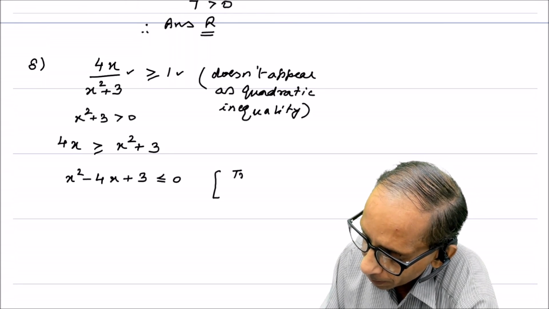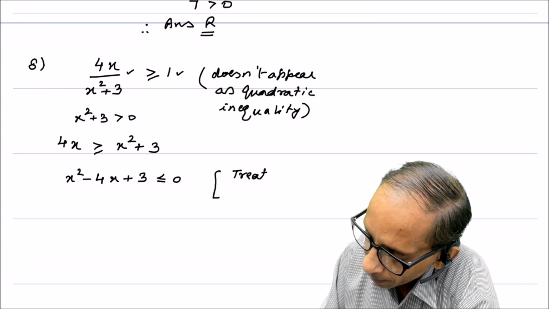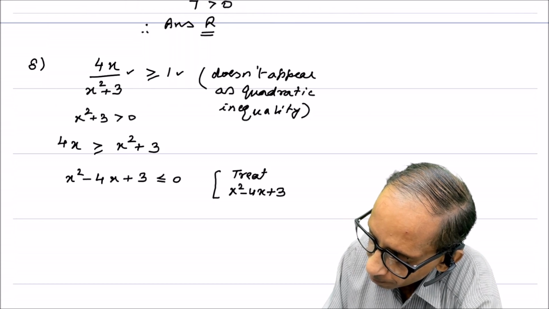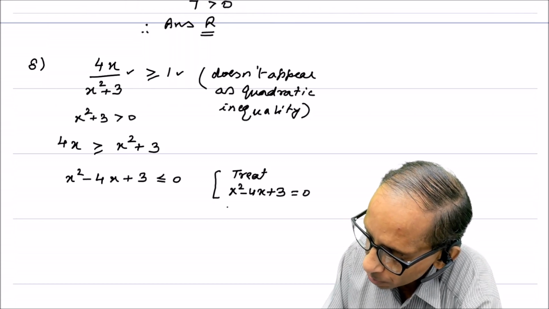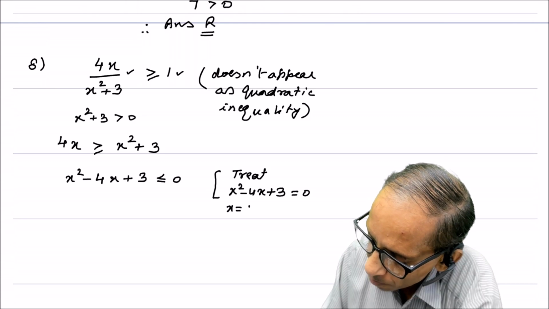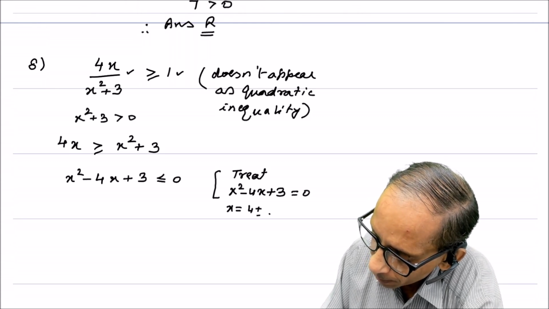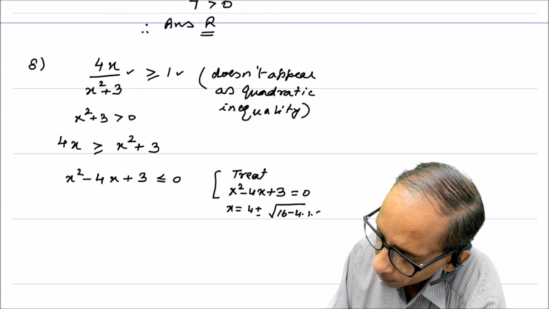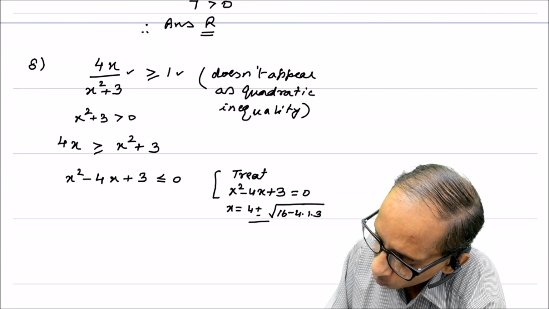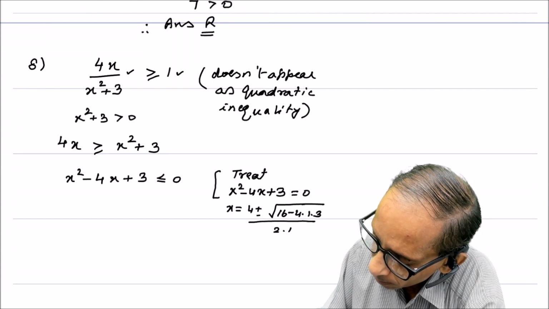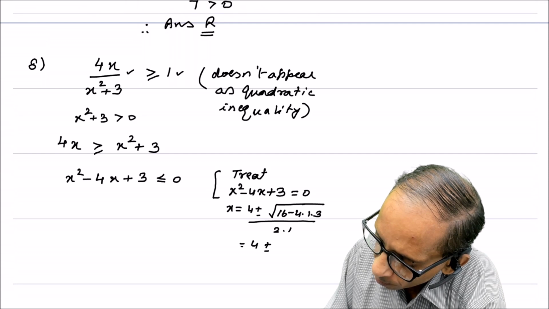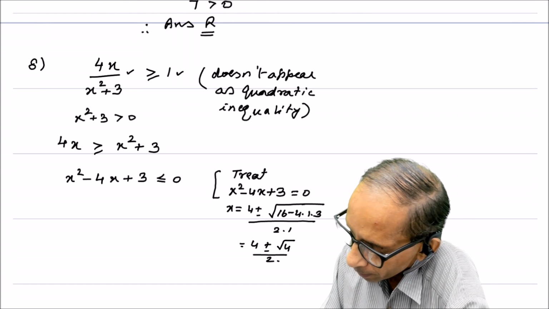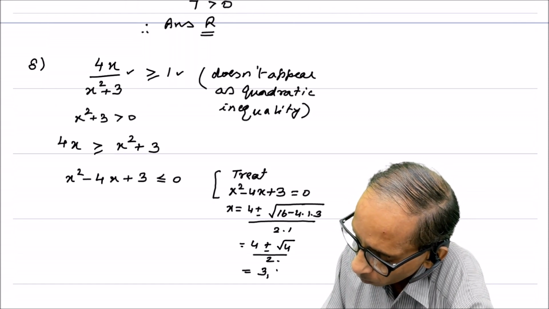As earlier, if we treat x square minus 4x plus 3 as equal to 0, then x becomes 4 plus minus root b square minus 4ac upon 2 times 1, that is 4 plus or minus root 4 by 2, that is 3 or 1.